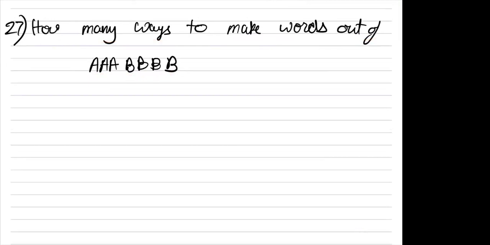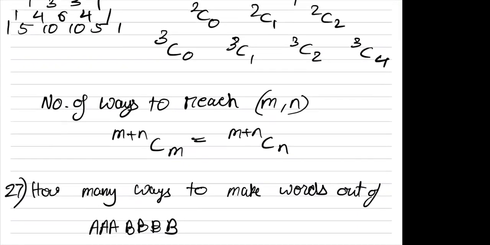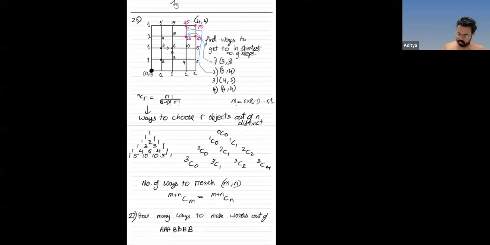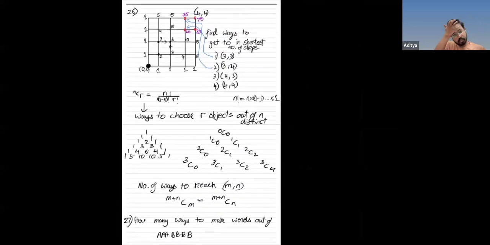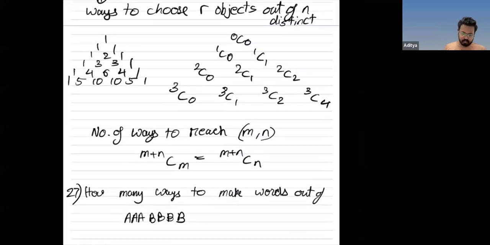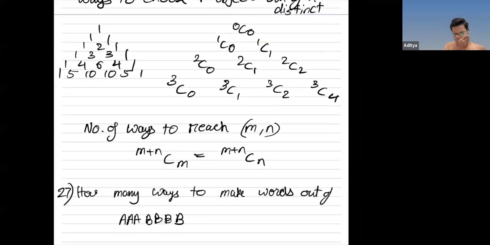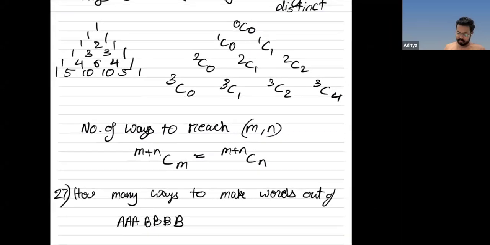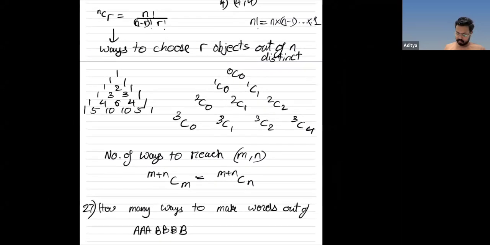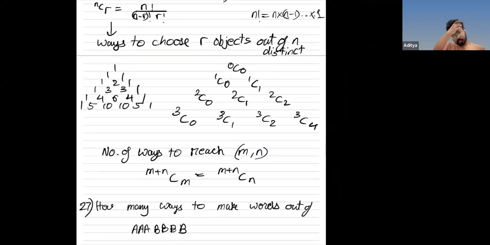Mariam, not correct. Vaibhav, correct. Aditya, not correct. Vishnu, not correct. So answer is not 7 factorial.